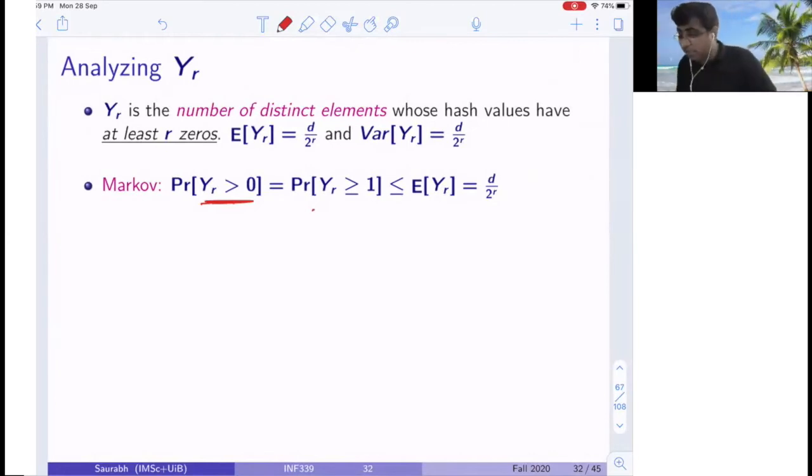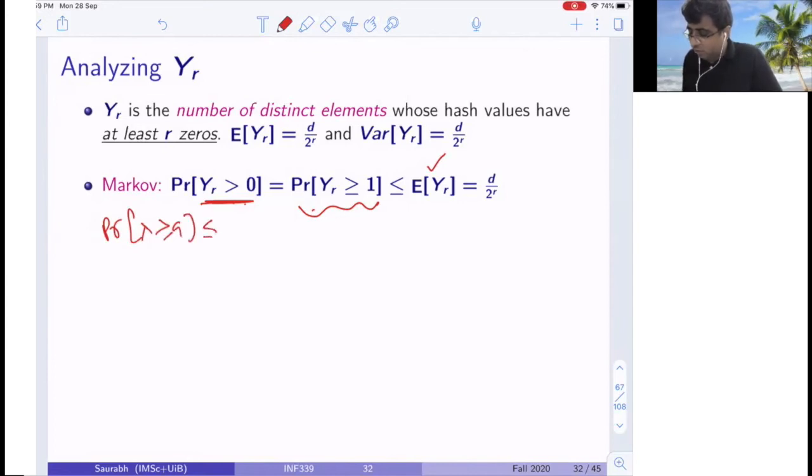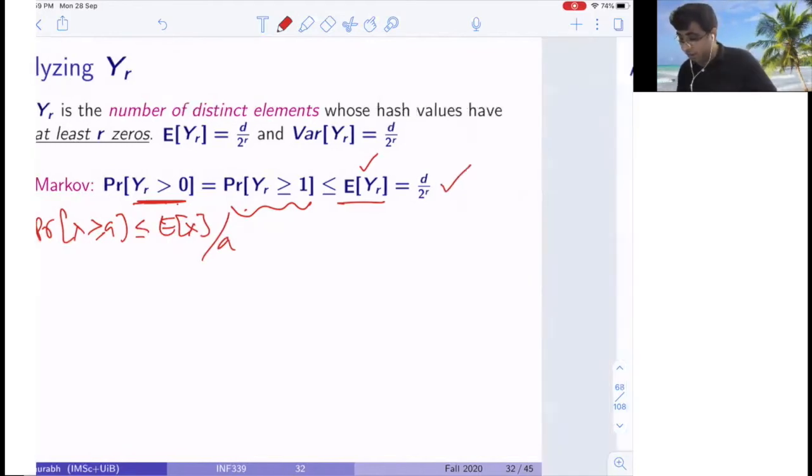So the probability that Y_r is greater than 0 is the probability that Y_r is at least 1. If you apply Markov, since the probability that x is greater than or equal to a is less than or equal to the expectation of x divided by a, this is less than or equal to the expectation of Y_r, which is d over 2 power r.